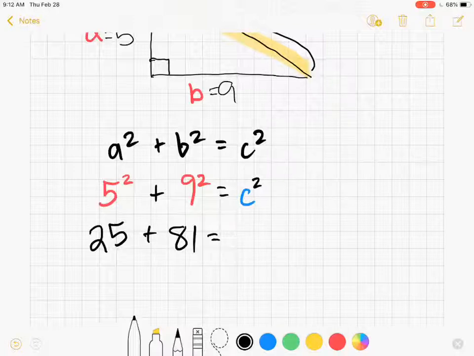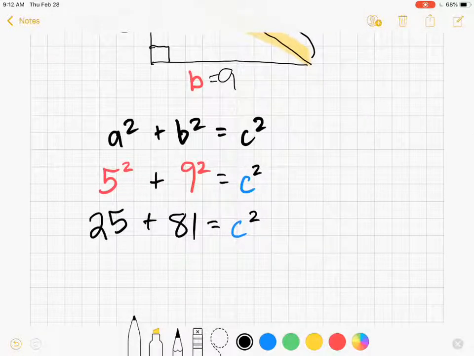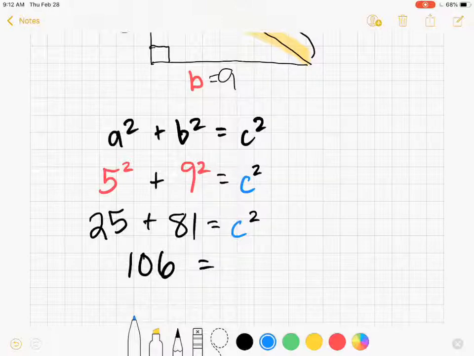And that equals c squared. So now we have to add 25 and 81. If you can't do that in your head, we get 106. You can always use a calculator. 106 is equal to c squared.